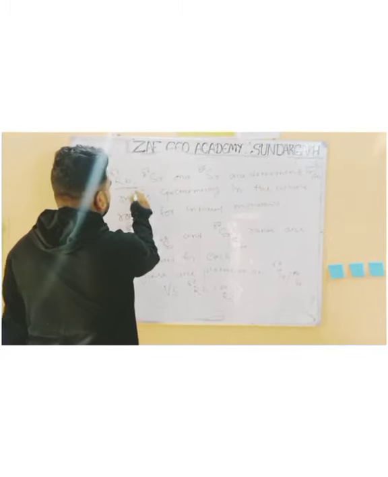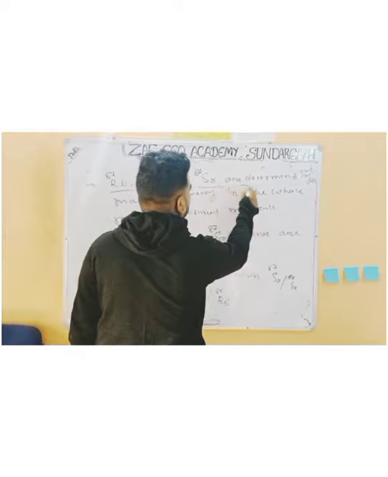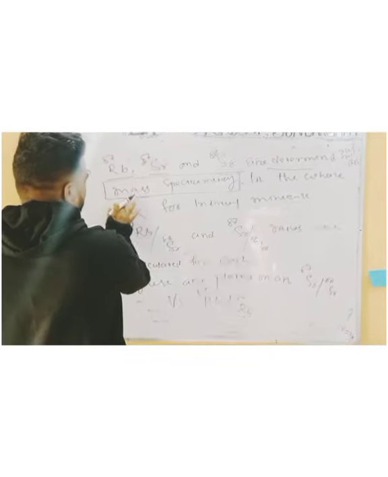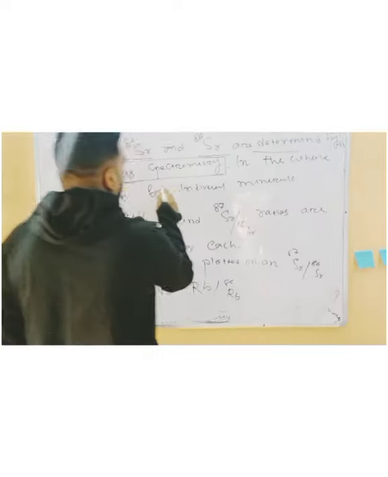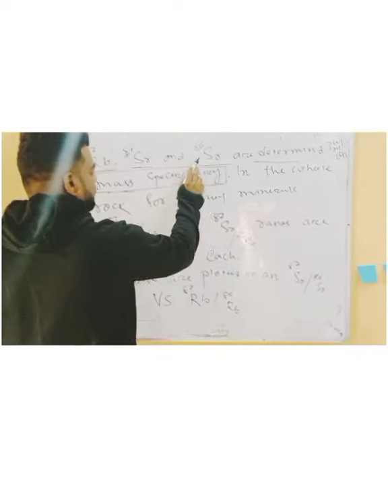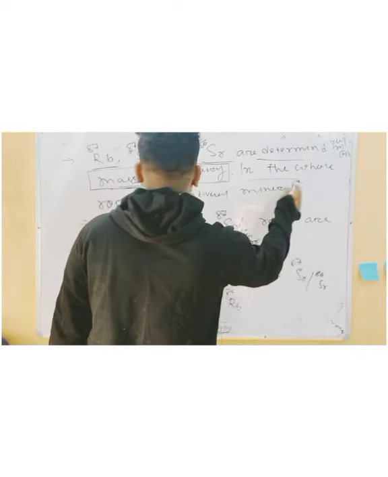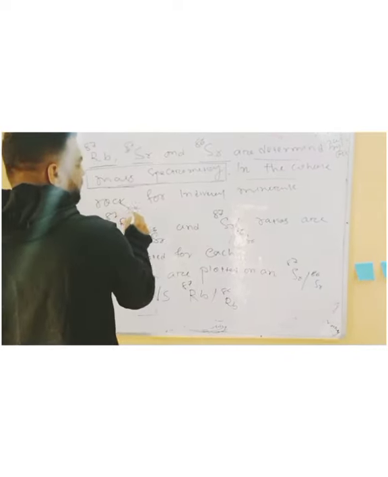Rubidium-87, strontium-87 and strontium-86 are determined by mass spectrometry. This is another topic, and it is not in our course, so we are not going into that. Basically, they are determined in the whole rock and for individual minerals.